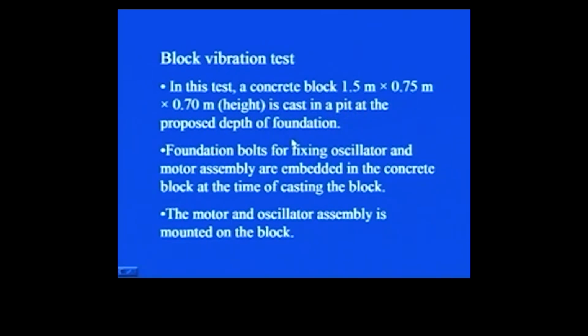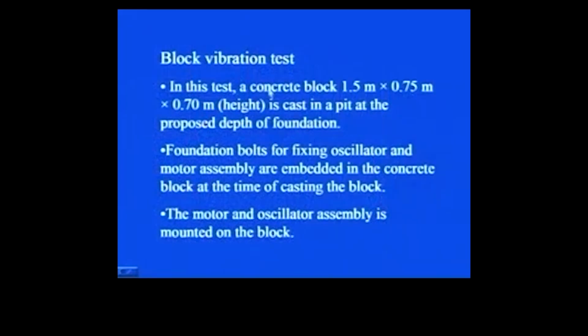So wherever you are planning to place the foundation, you can create a pit till that particular depth, and there the concrete block of these dimensions is cast. Then foundation bolts for fixing the oscillator and motor assembly are embedded in the concrete block at the time of casting the block.